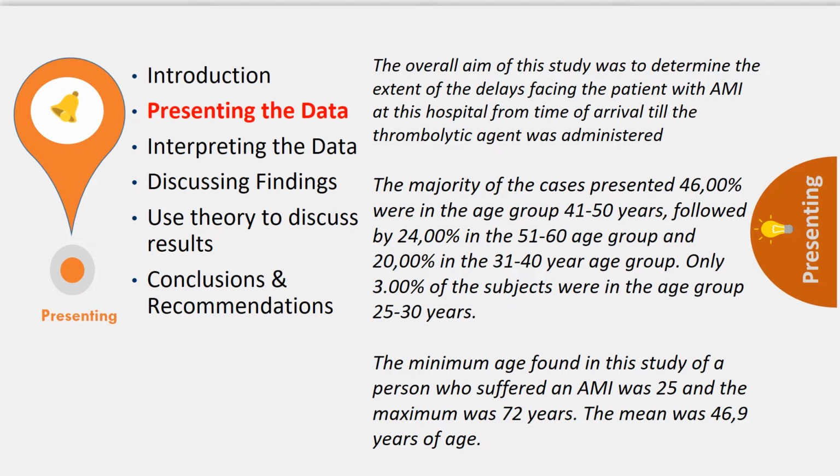The majority of cases presented, 46%, were in the age group of 41 to 50-year-olds, followed by 24% in the 51 to 60 age group and 20% in the 31 to 40 age group. Only 3% of the subjects were in the age group between 25 and 30 years. So the minimum age found in this study of a person who suffered AMI was 25 and the maximum was 72. The mean was 46.9 years of age. So we can see how you are actually presenting your data.